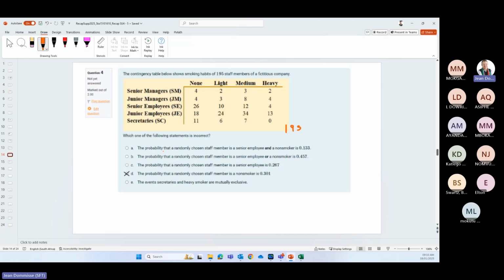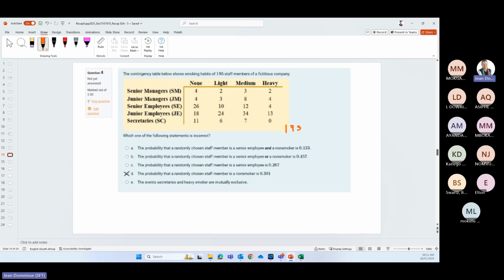Likewise in this table, you can't be a senior manager and a junior manager at the same time, and you can't be a light smoker and a medium smoker at the same time.